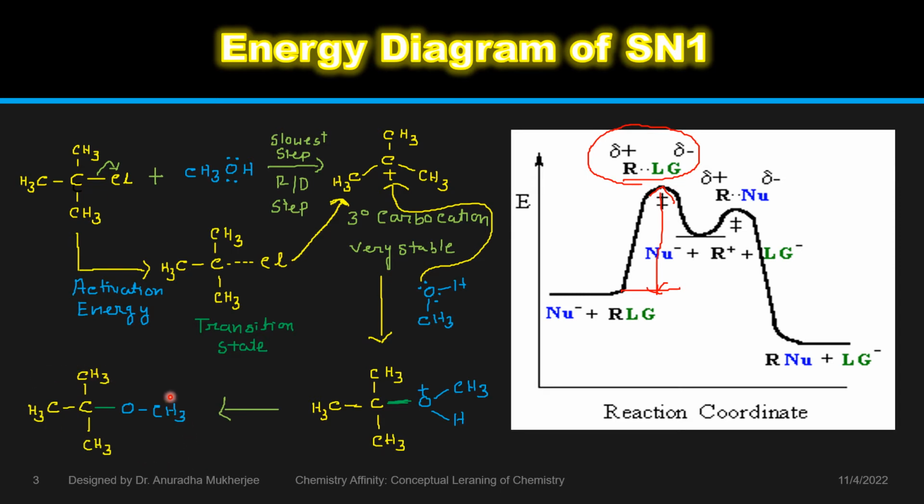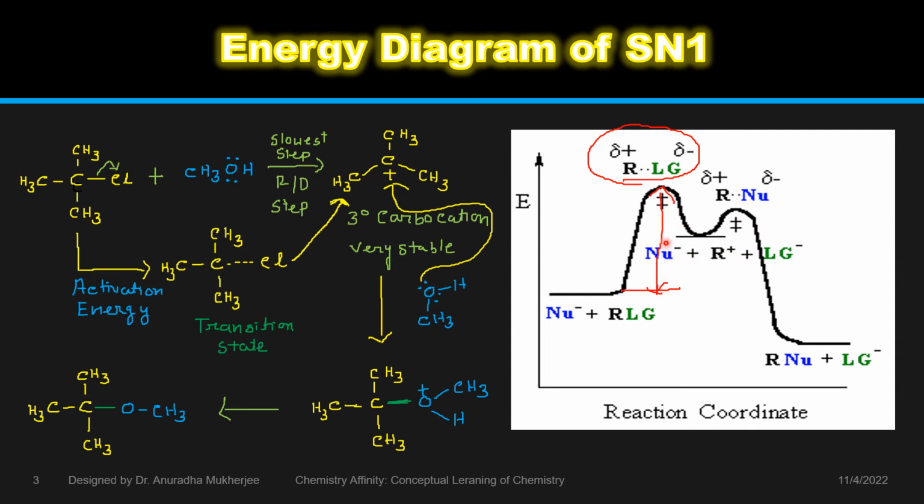The product is R with the nucleophile, means the alkyl group with the nucleophile. So this is coming from the nucleophile and this is from the alkyl group, and the leaving group will be Cl minus.